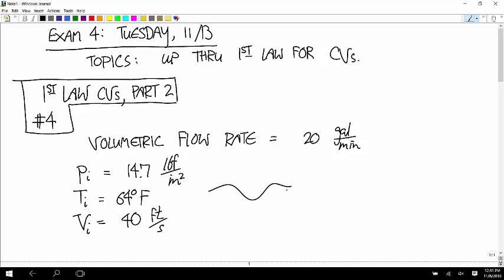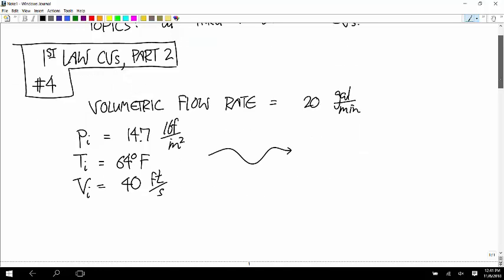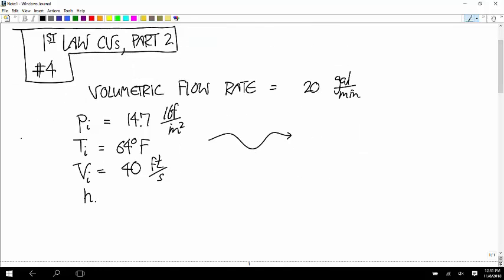At the second point, I'll call this the height, at the inlet the height is 0. I'm just going to choose that as my baseline. And then at the exit, the height is 40 feet. We're going to ignore heat transfer.